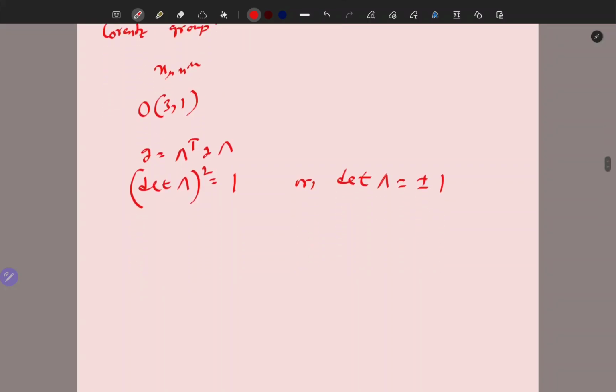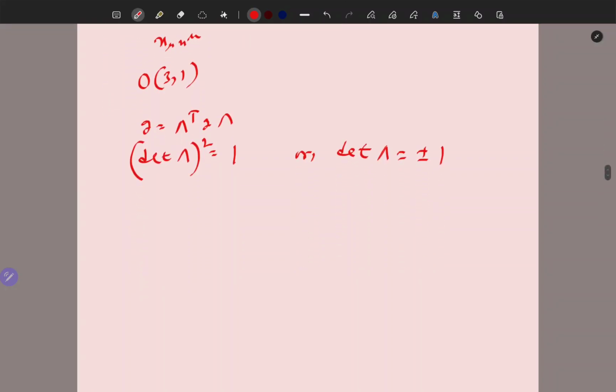minus 1. The transformations with determinant Λ = 1 are called proper Lorentz transformations, and the subgroup of O(3,1) with determinant of Λ = 1 is denoted by SO(3,1), special orthogonal 3,1, with 3 space dimensions and 1 time dimension.